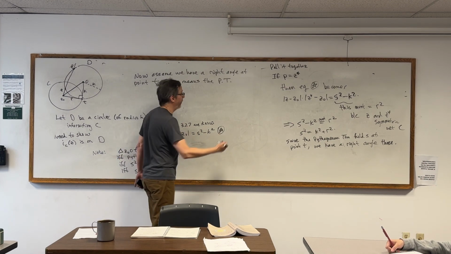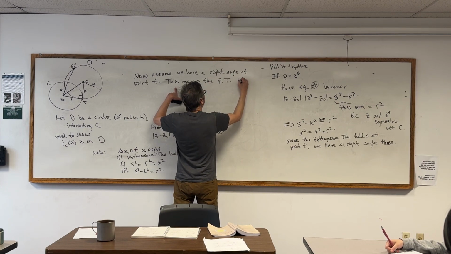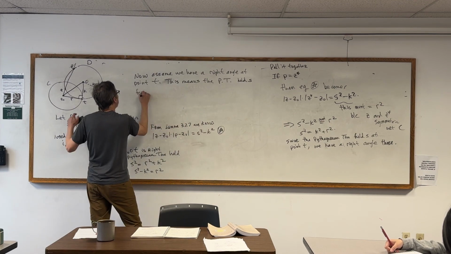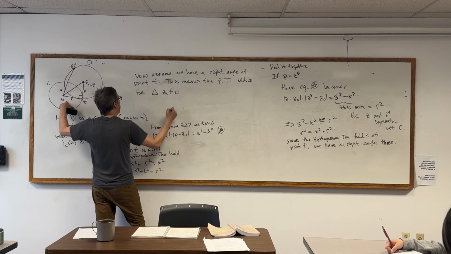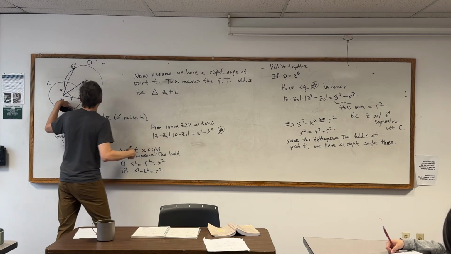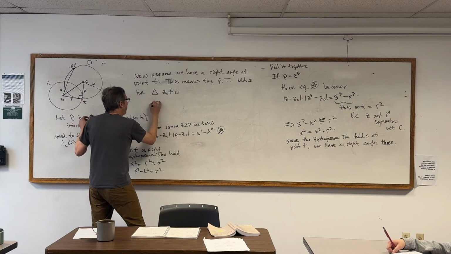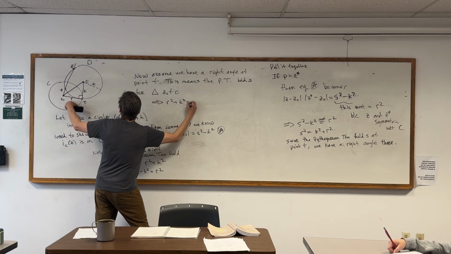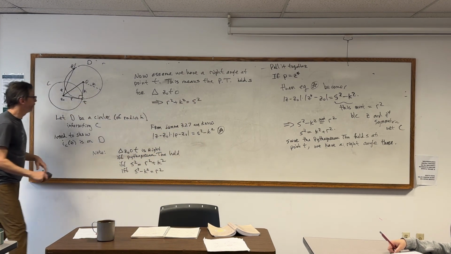This means the Pythagorean theorem holds for triangle Z0 T0, and that implies that r squared plus k squared equals s squared, the distance between the centers.